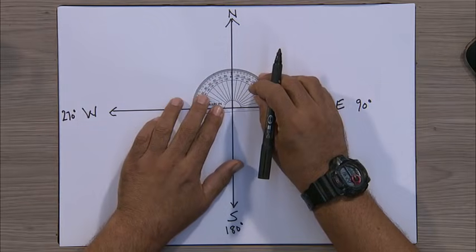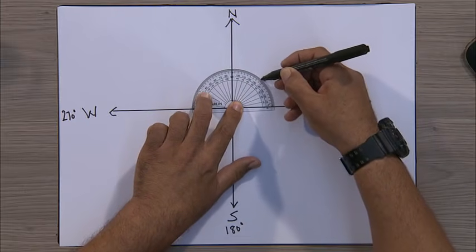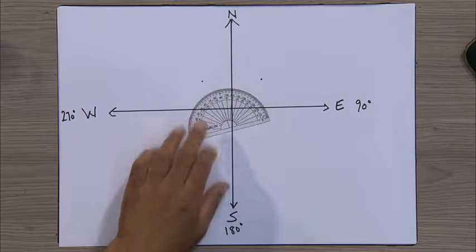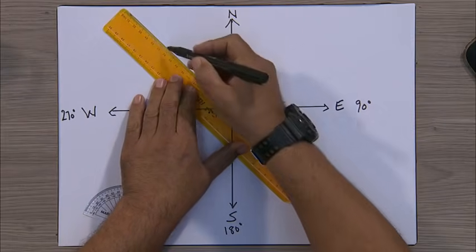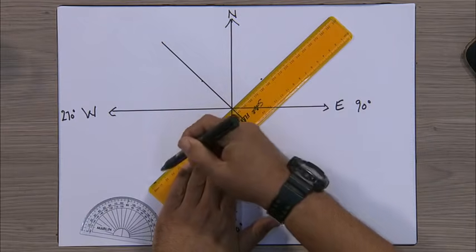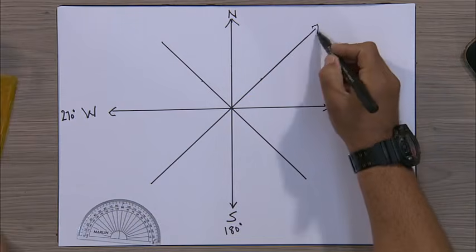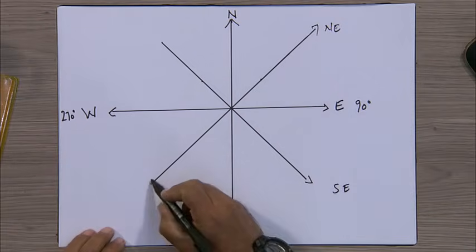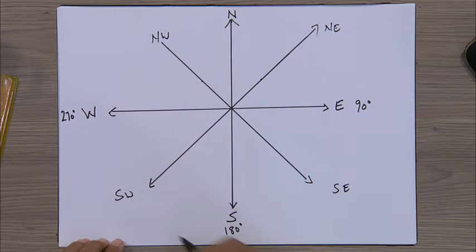Now, if I draw in my other angles, I now have northeast, southeast, southwest, and northwest.